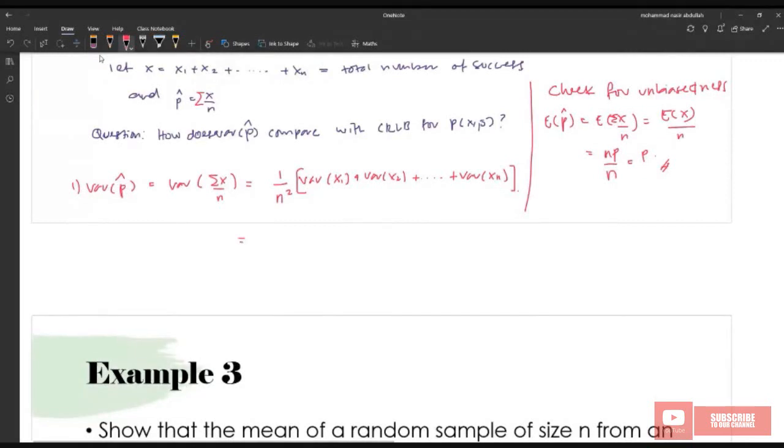So this is equal to 1 over n squared, the variance of X is p times 1 minus p, multiplied with n. Because we have n variances of X, this one should be p times 1 minus p divided by n. So this is the variance of p hat.